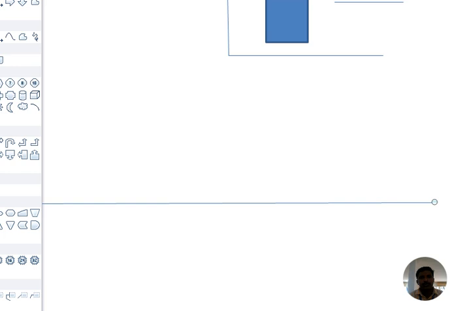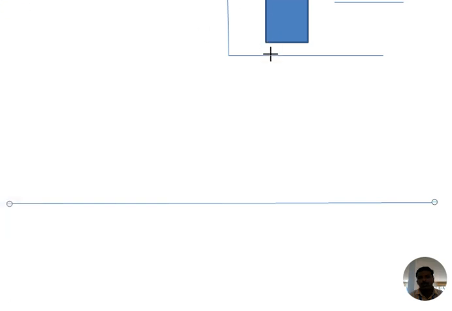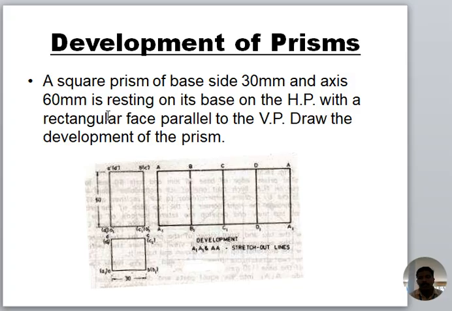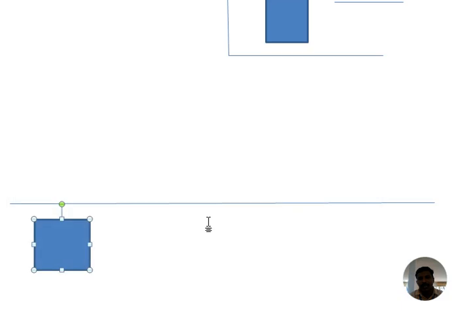First of all, draw the true shape. True shape means top view. The top view is the square and the front view is a rectangular face. Front view means above the reference plane, and the condition here is that the axis of 60 mm is resting on its base on the horizontal plane with a rectangular face parallel to the vertical plane. Rectangular face is parallel to the vertical plane.